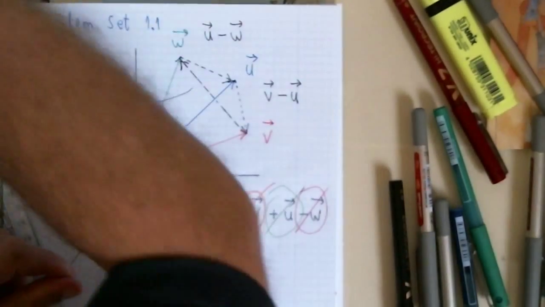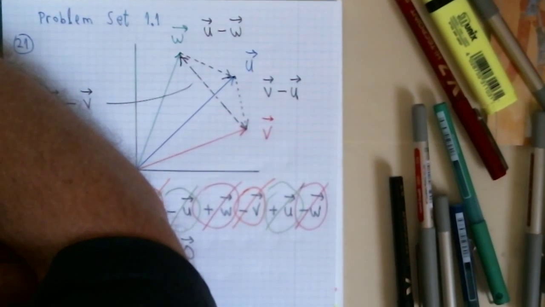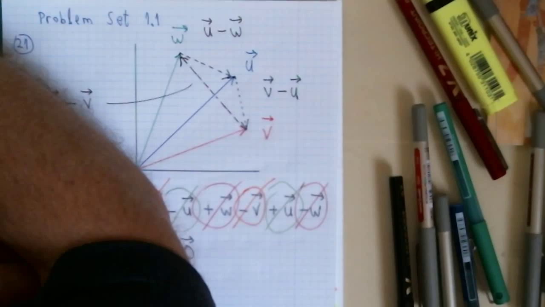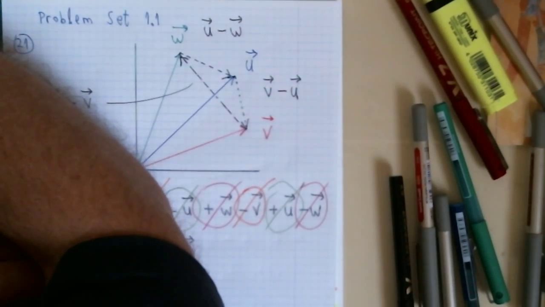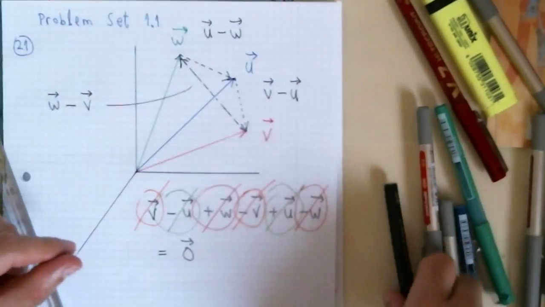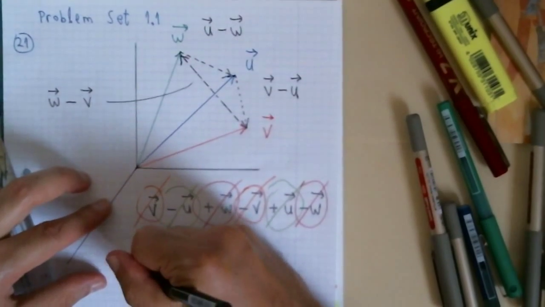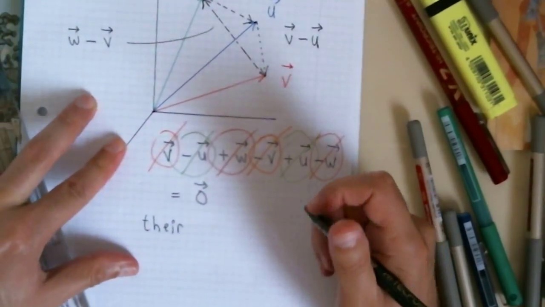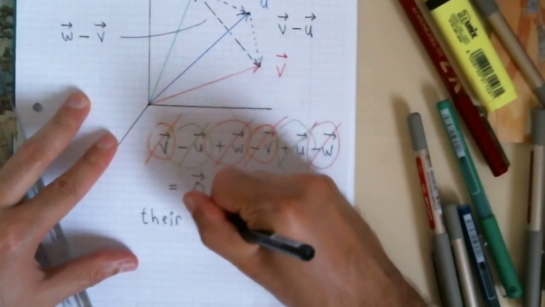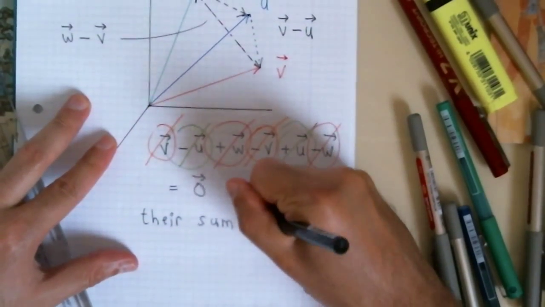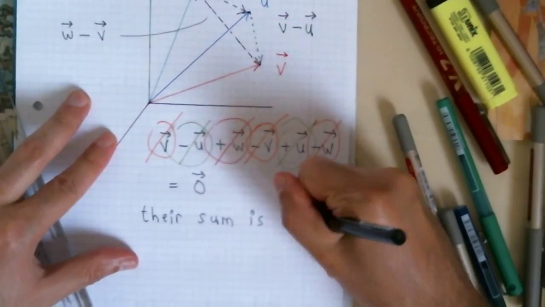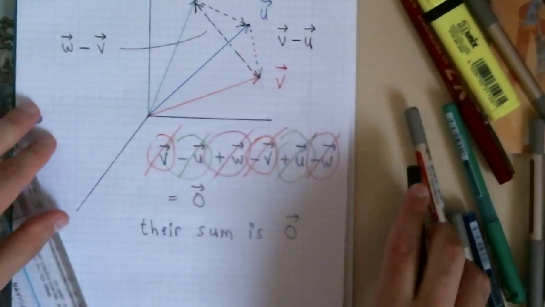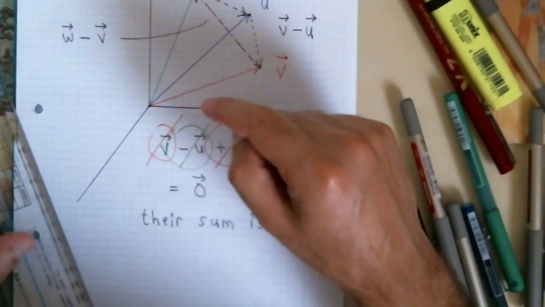So this is what we should put here in the blank space. Their sum is 0. I'll just write it down for you. Their sum is 0, 0 as a vector.